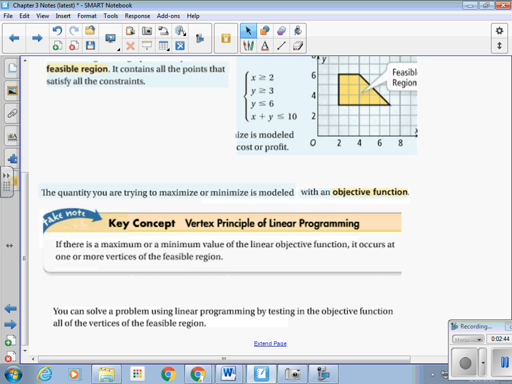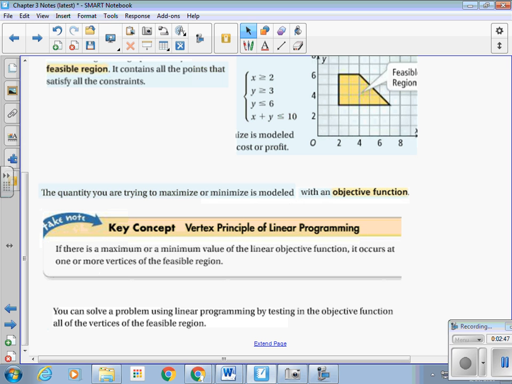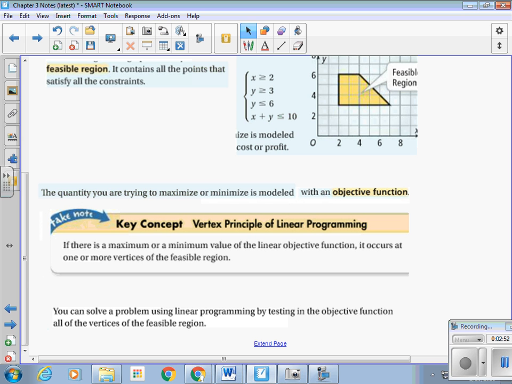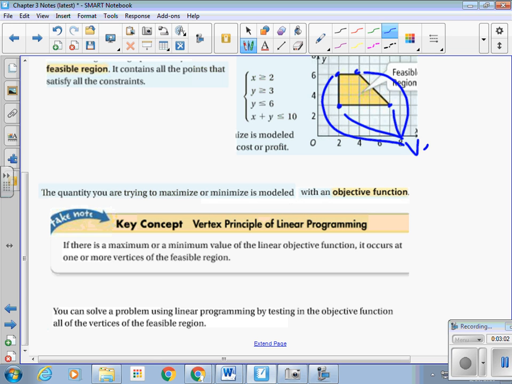All right, so if it says take note and it says it's a key concept, we must write it down. So the Vertex Principle of linear programming, and just to remind you, each little corner is a vertex. The Vertex Principle of linear programming says if there is a max or a min value of the linear objective function, it occurs at one or more vertices of the feasible region.